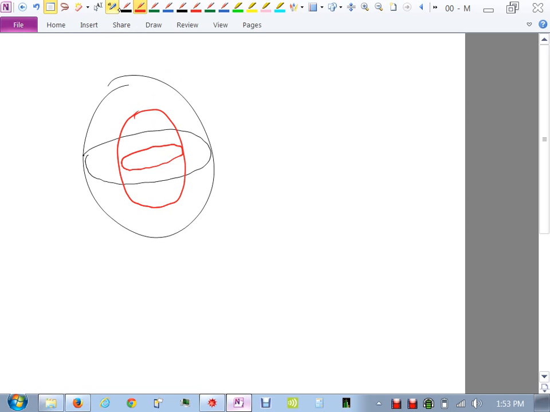For the outer one, the radius is 4, and for the inner one, the radius is 3. So how could you tell me or represent all the outside of this coconut, all the material inside until you get to that empty void in the middle?